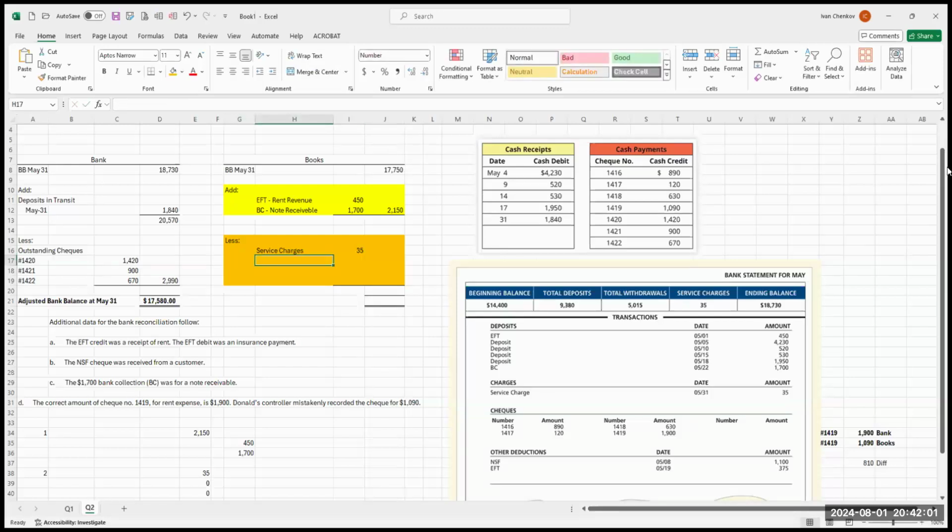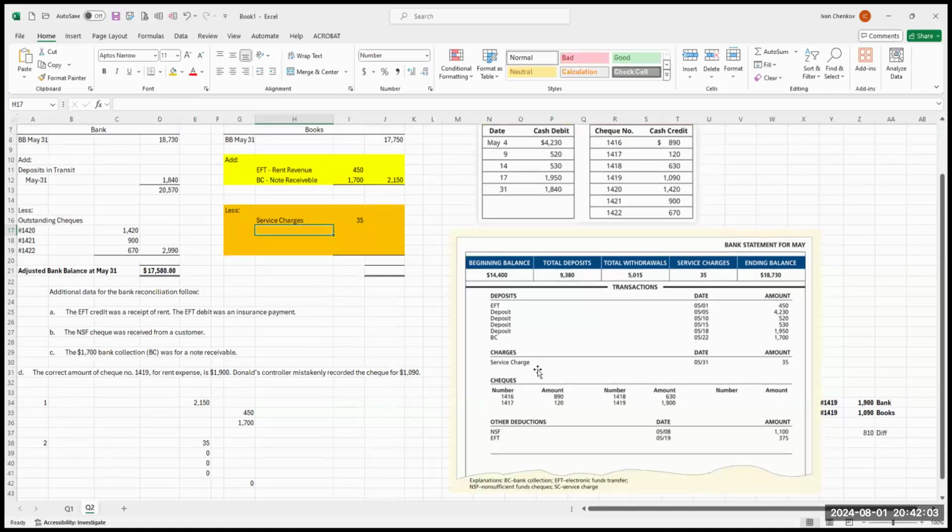Next, we're going to have other deductions. As you can see, the first deduction is NSF for $1,100. And NSF here is related to the customer. That means accounts receivable. The customer paid us, the bank gave us the money in the beginning, then they tried to get the money back from his bank account. There was no money in his bank account, and the bank took the money back from our bank account, $1,100.